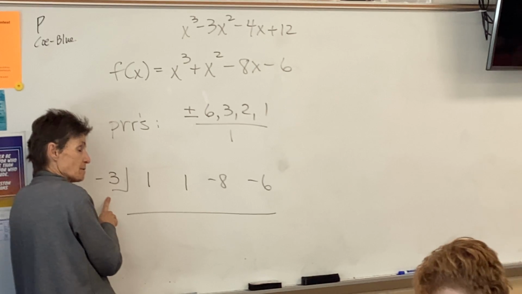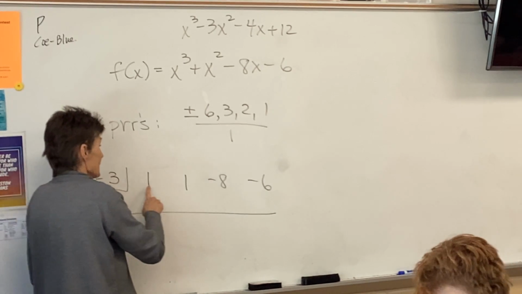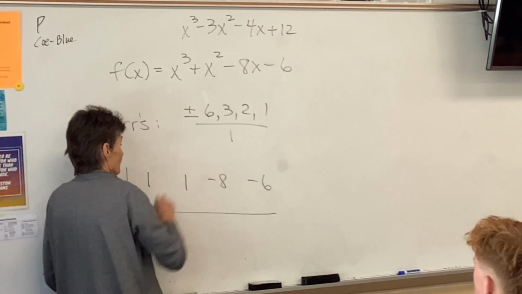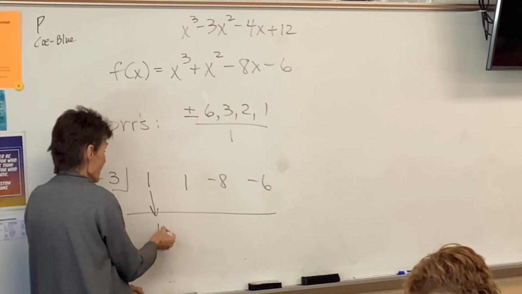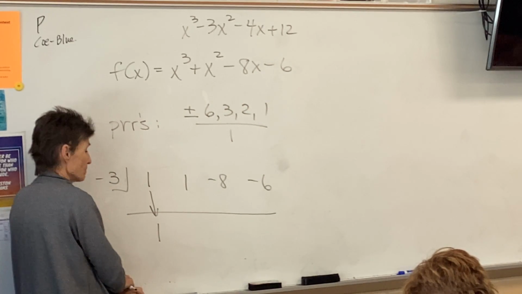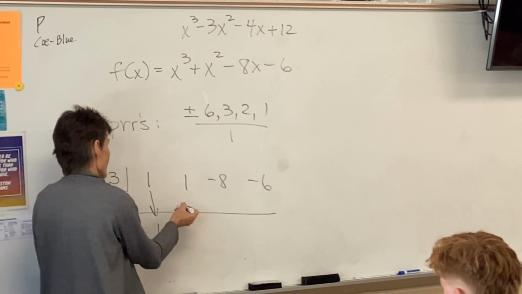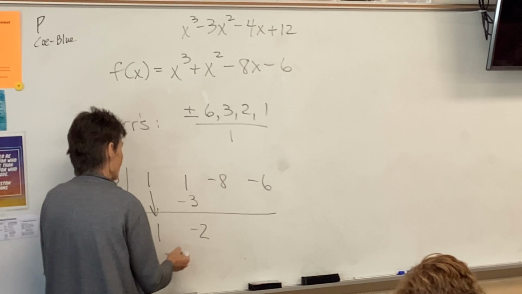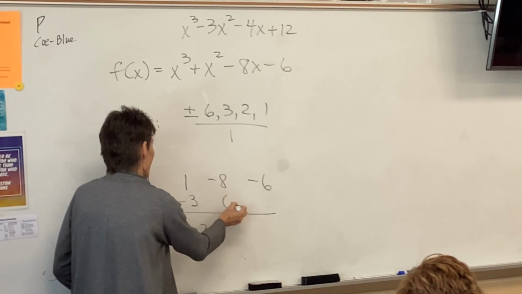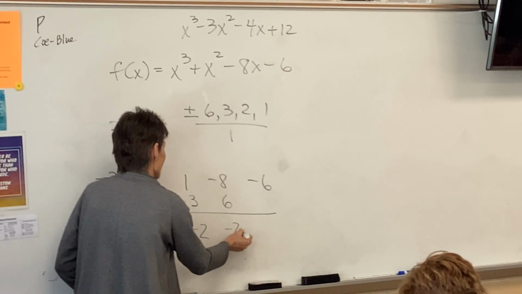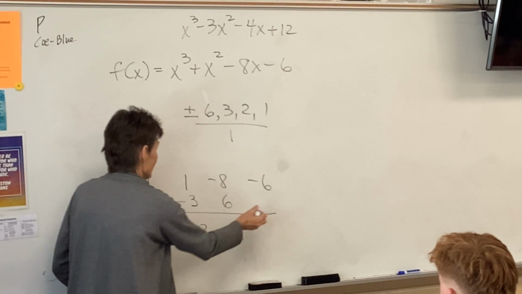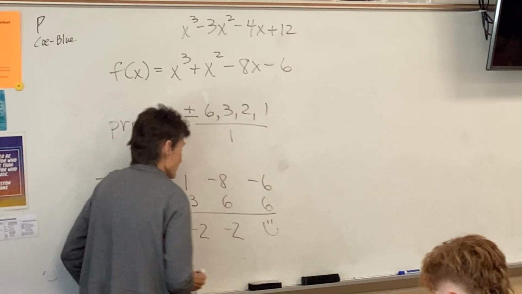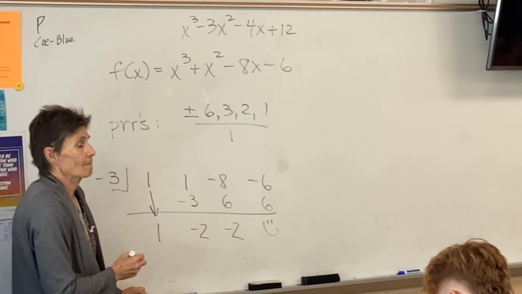Here are the numbers. I'm gonna drop this straight down, always, that first number goes straight down. So multiply, add, multiply, add, and there it is. They definitely knew. I did not know.